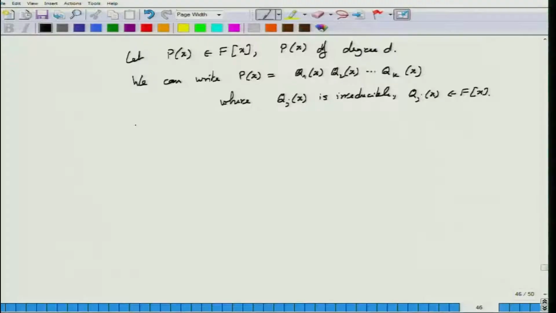So let's say, suppose Q1(x) has degree greater than 1. So it is not a linear factor.